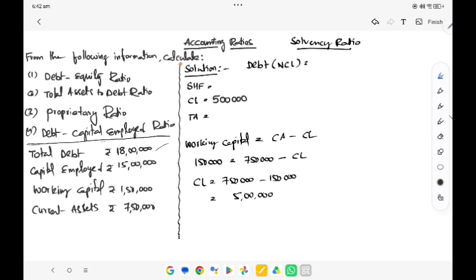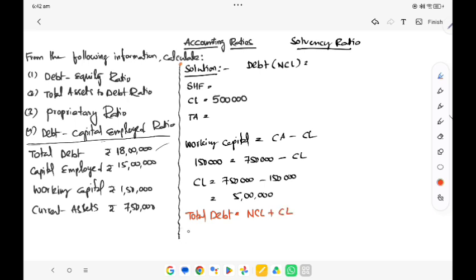Now from the total debt, the formula for total debt is equal to non-current liabilities plus current liabilities.